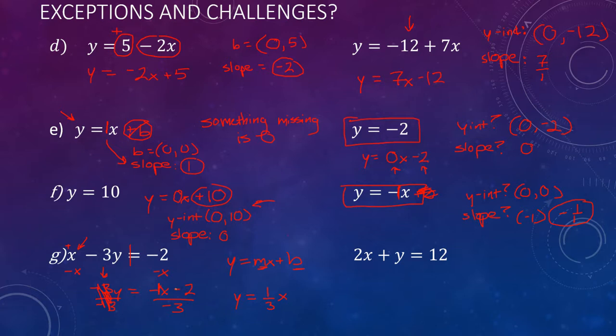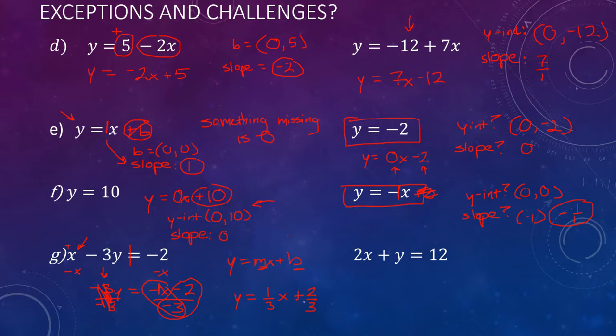Notice what we're getting here. Then we have negative 2 over negative 3. I'm just separating out each of these division parts into its own fraction. That would be a positive 2/3.